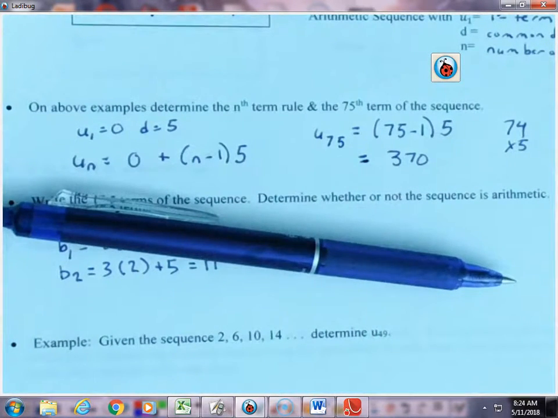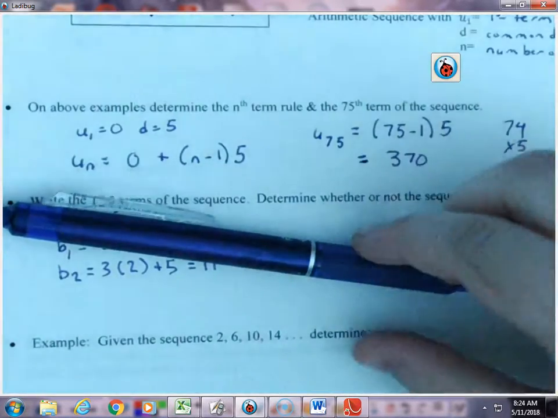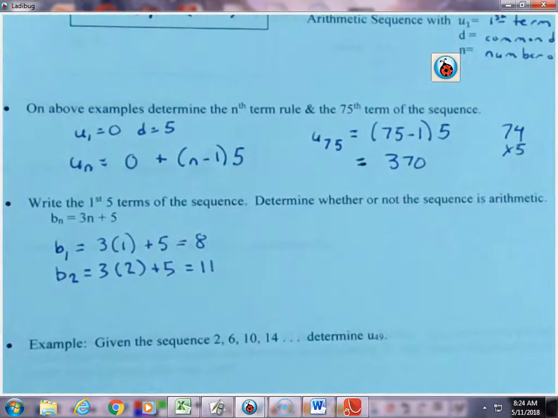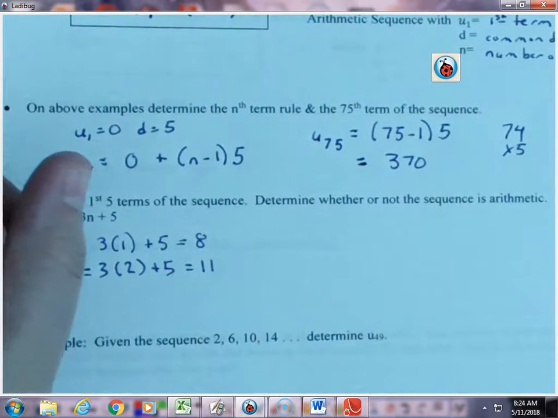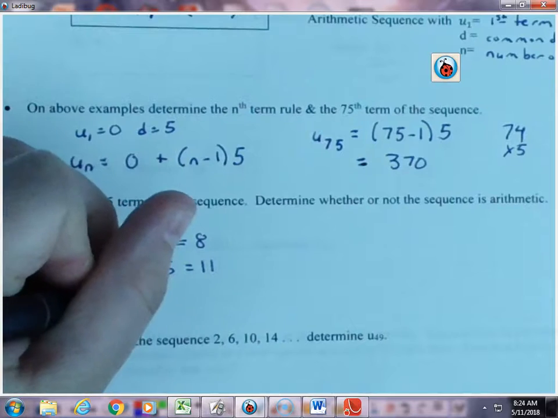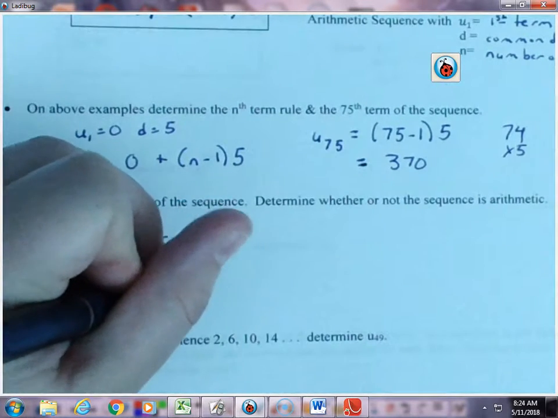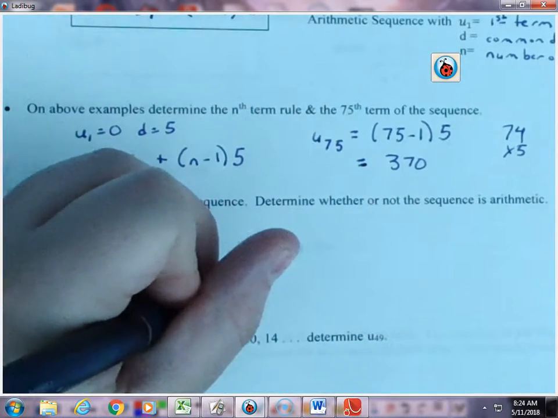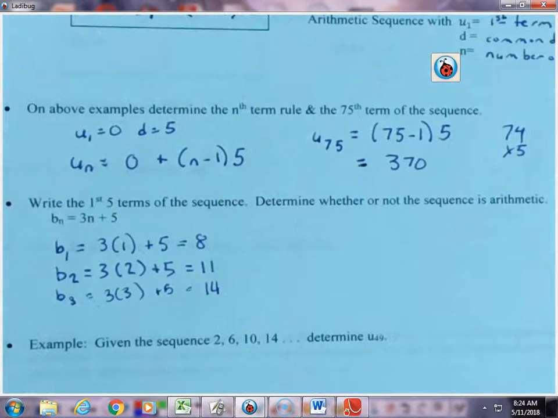Yes. Alright, who's got the 4th? Let's go, let's go. I need the 4th and the 5th.